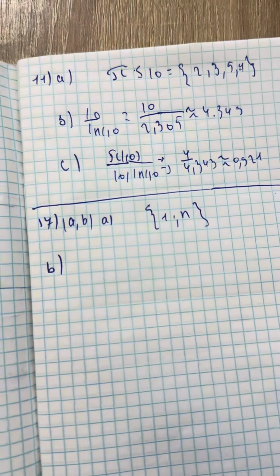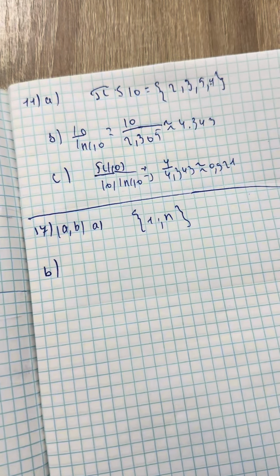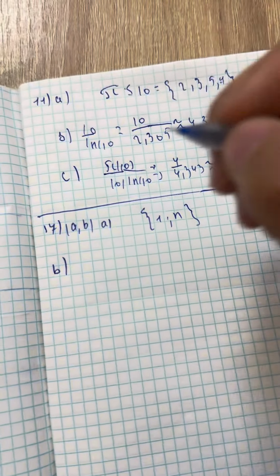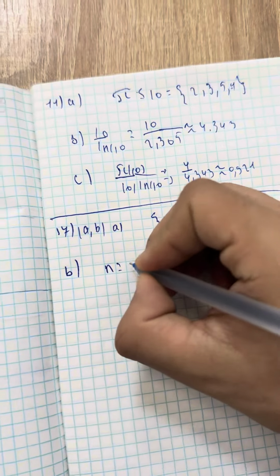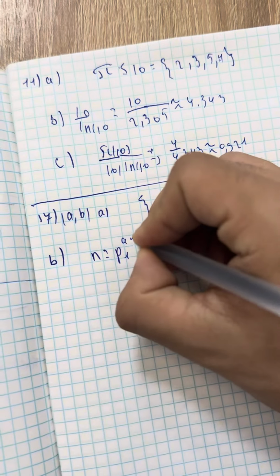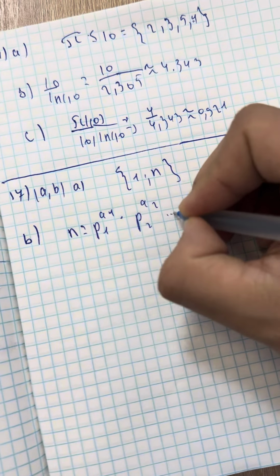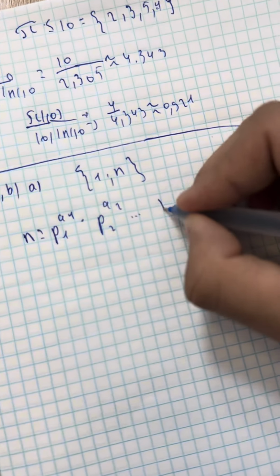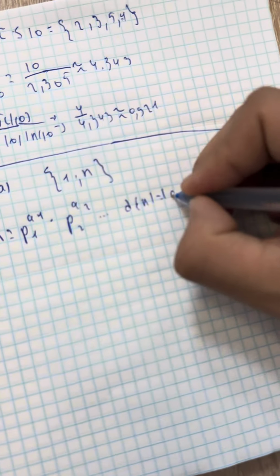To look at part B, we need to find numbers n that have exactly 3 divisors. Let's think about what kind of numbers this could be.